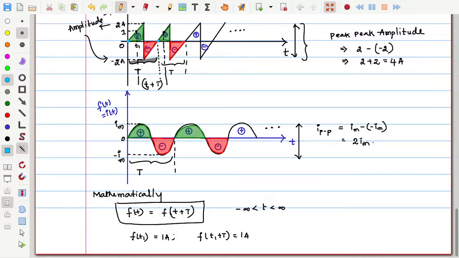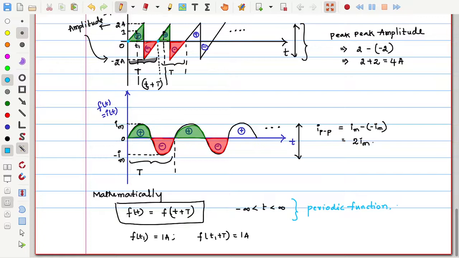So that is how we mathematically inspect whether a function is periodic or not: f of t is equal to f of t plus T. A function which obeys this property is called a periodic function. That means after a time interval of T, it must have the same values as the previous interval.